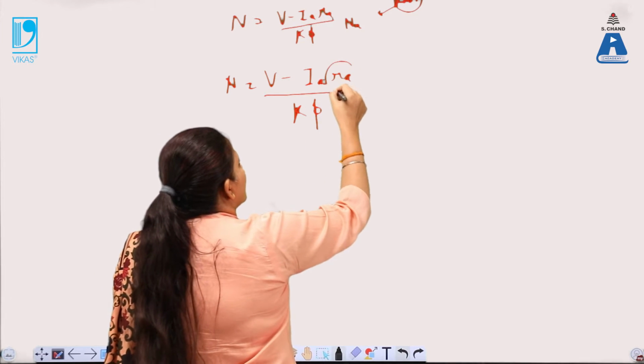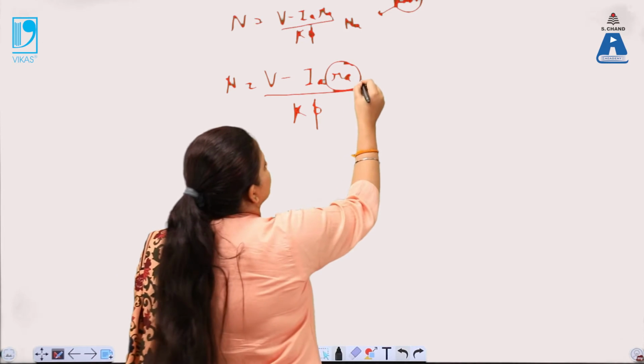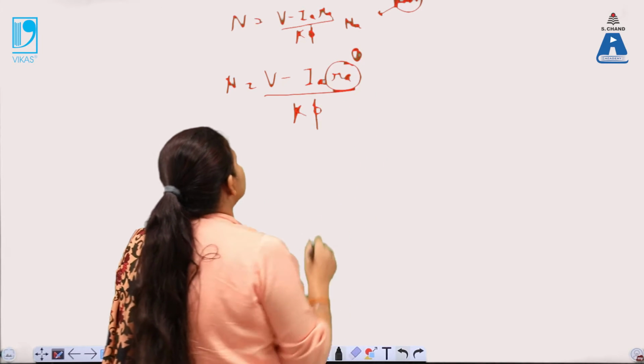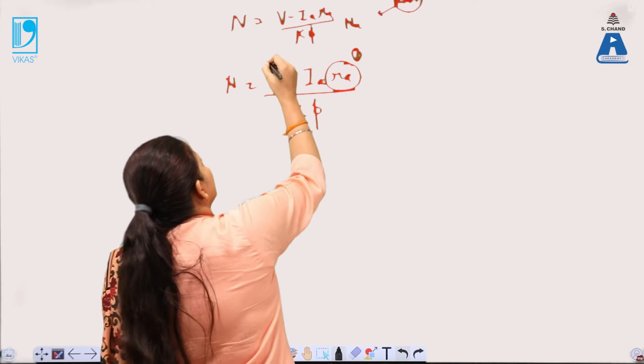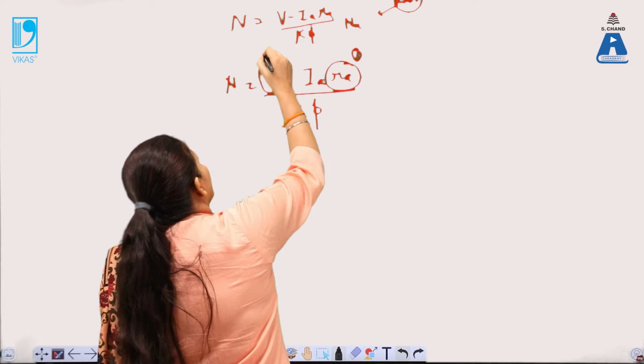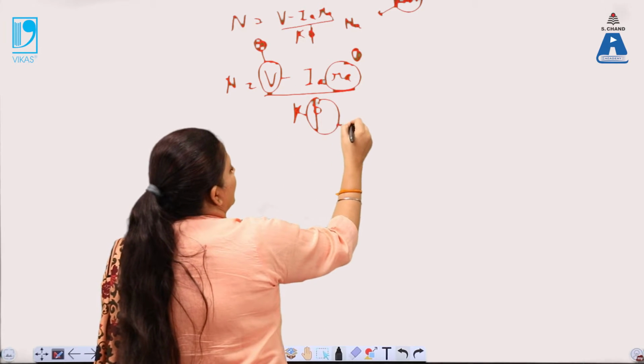So, by changing number 1, the resistance of the armature coil, the speed N can be changed. Second is number 2 and that is number 3 over here.